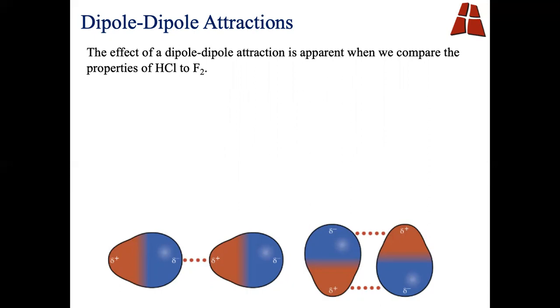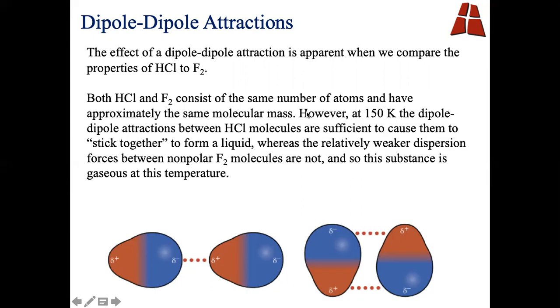The effect of dipole-dipole attractions is pretty clear when you start to compare things. If we compare the two molecules, HCl and F2, they both consist of the same number of atoms and have close to the same molecular mass.